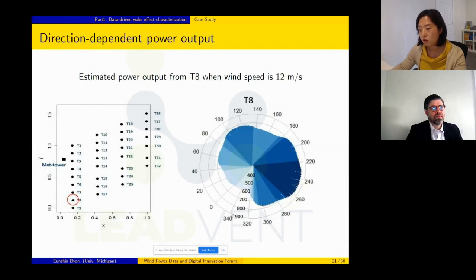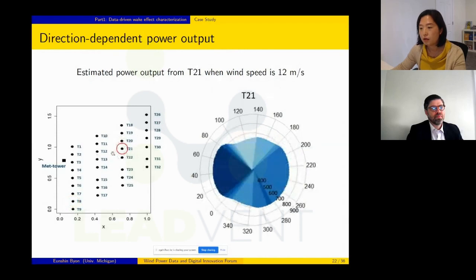But when wind direction is, let's say, 330, the wind blows from northeast to southwest, so T8 becomes the most downstream turbine and generates a very small level of power. So you can see that there is large variation depending on wind direction at the same turbine, when wind speed is the same.